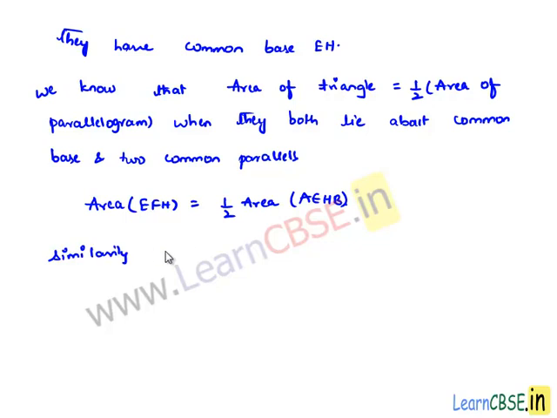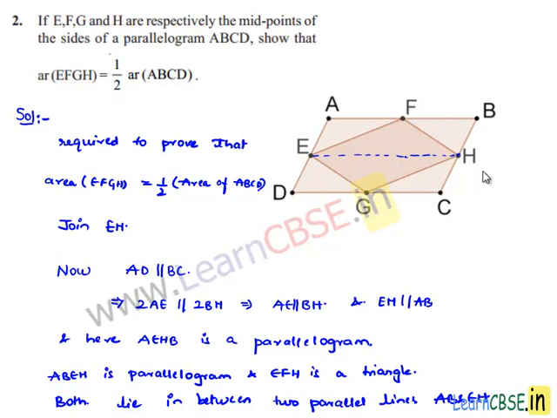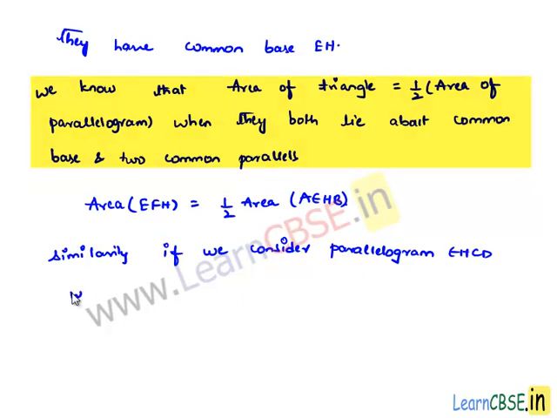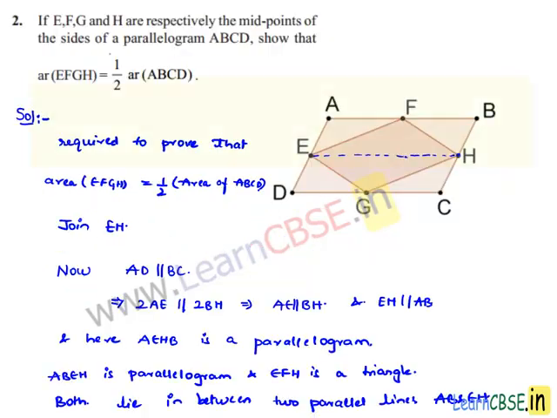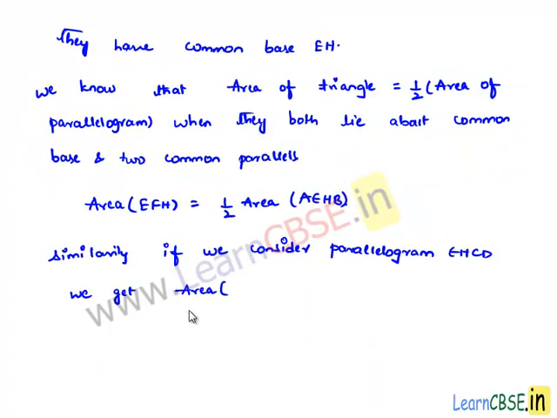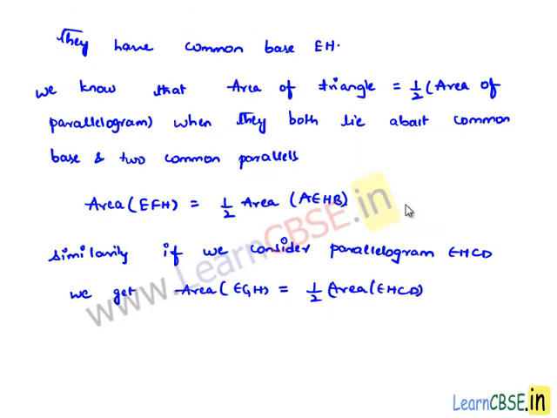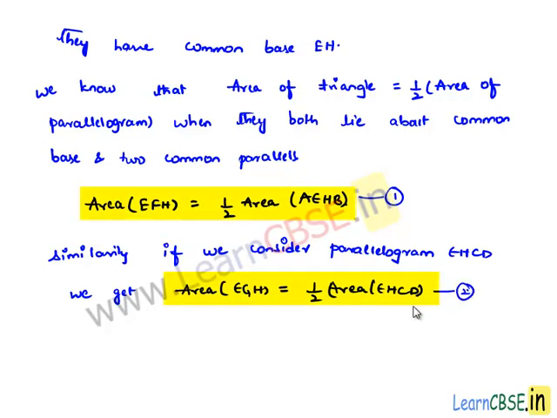Similarly, if we consider parallelogram EHCD, we get area of triangle EGH is equal to half the area of parallelogram EHCD. Let this be equation number 1 and this be equation number 2.